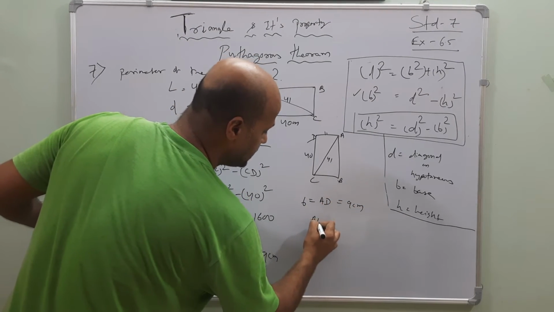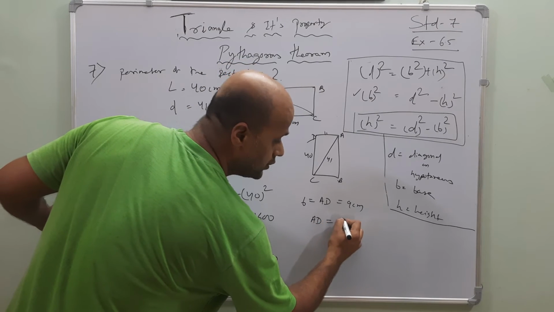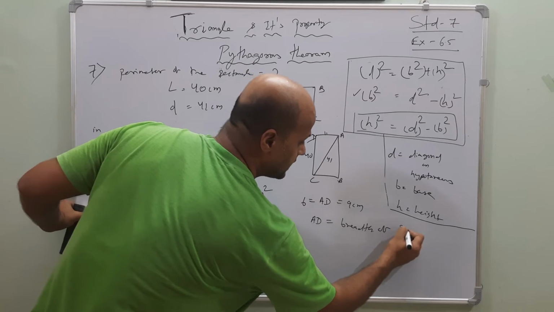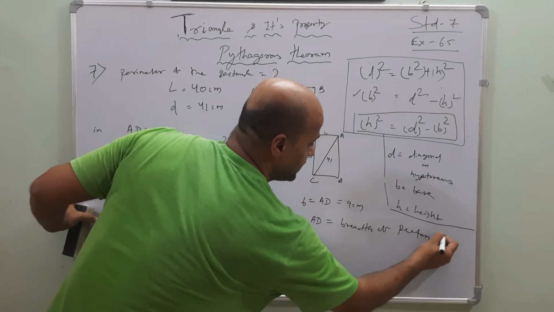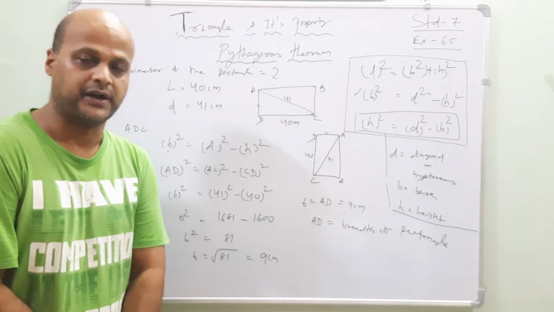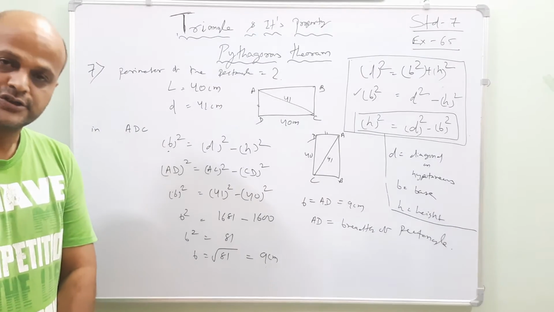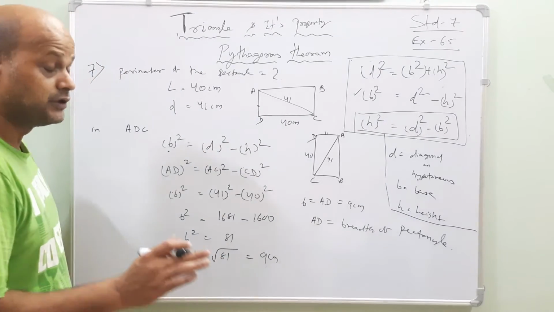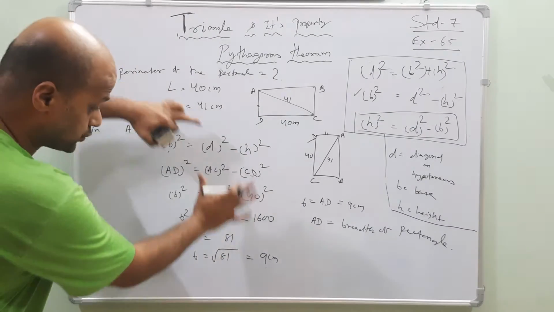Again you have to write AD is equal to what? Breadth of the rectangle. Up to this much you just understood or not? Just tell me, my friends. Understood? Very good. Because I am now going to erase this one.